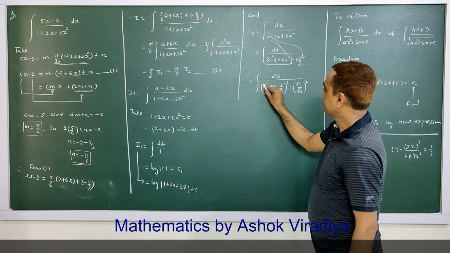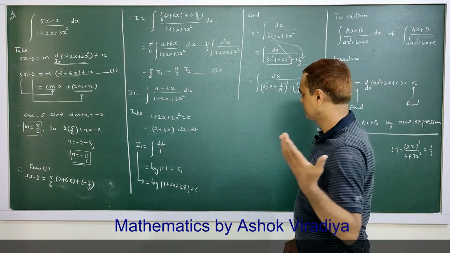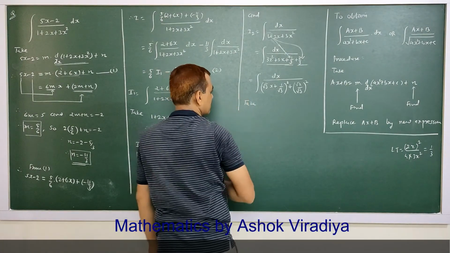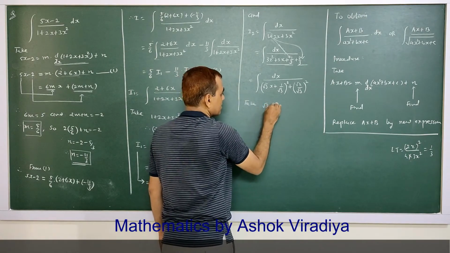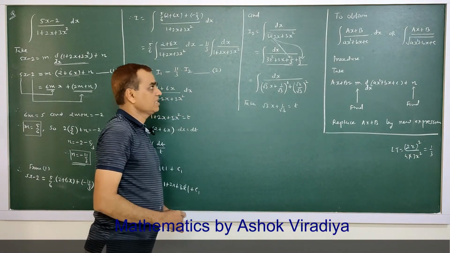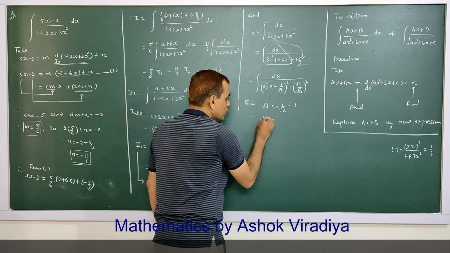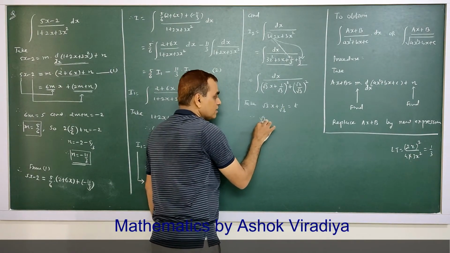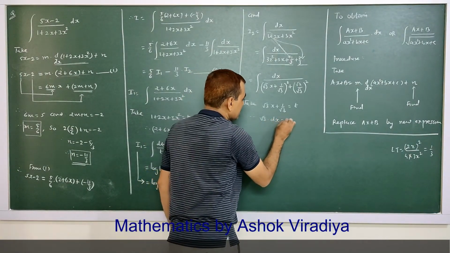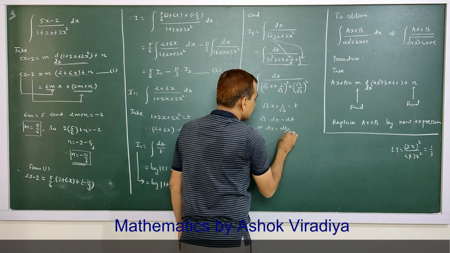Now this part we are taking t, substitute. So we are taking root 3x plus 1 by root 3 equal to t. Taking this as t, we have its derivative root 3 into 1. So this is derivative of LHS. So root 3 into dx is dt. So dx is dt by root 3.